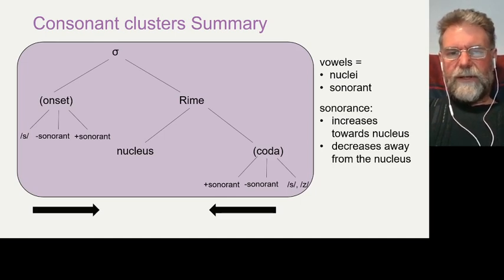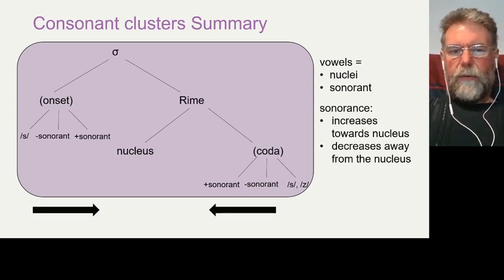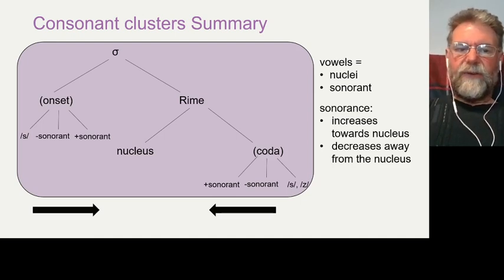So in the nucleus we have a high sonorance level. The sonorant consonants can also appear in the nucleus under certain circumstances. So the nucleus is the high point, as it were, for the sonorance of the syllable. And then as you get further away from the nucleus, you get less sonorant.